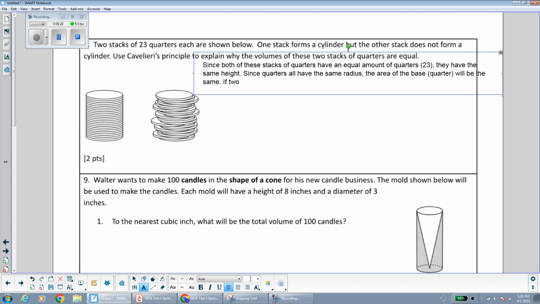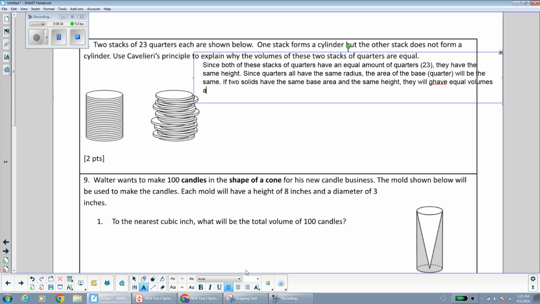If 2 solids have the same base area and the same height, they will have equal volumes according to Cavalieri's principle.